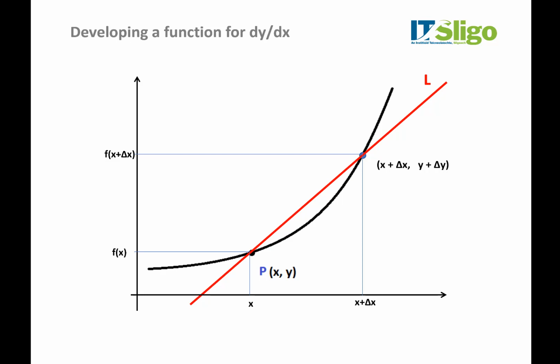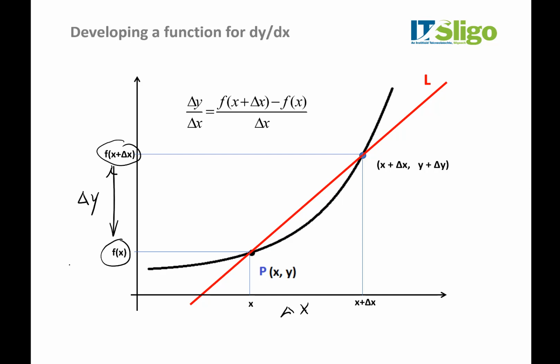And now the slope between these is delta y, the change in y over the change in x. And that's what our function becomes. On the top we have this minus this. So again, it's just really y2 minus y1. And on the bottom, it's x2 minus x1, but the x's will cancel out.